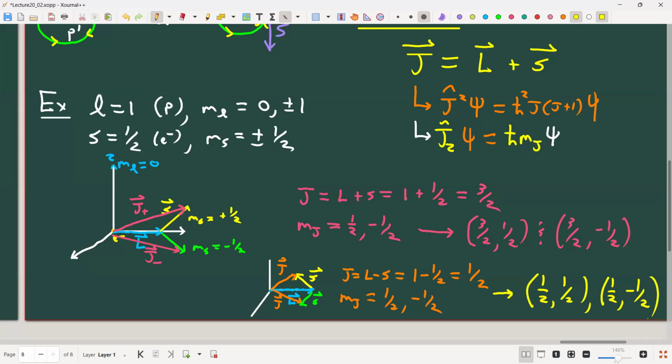So by adding the electron spin to the orbital angular momentum of the electron, I create two new states of different angular momentum. One's faster than expected, 3/2, and one's slower than expected, 1/2. I get that J here is L plus 1/2. And here I get J is equal to L minus 1/2.